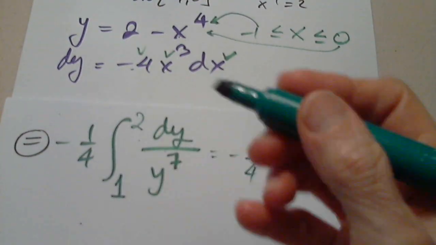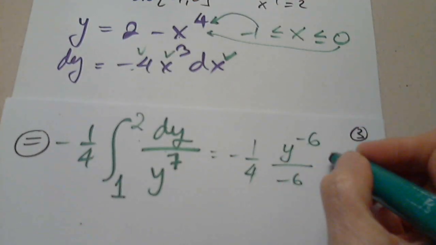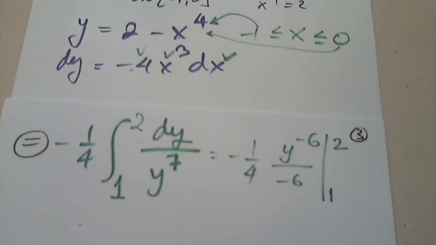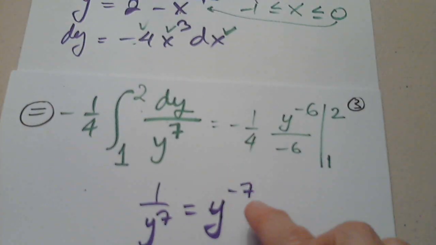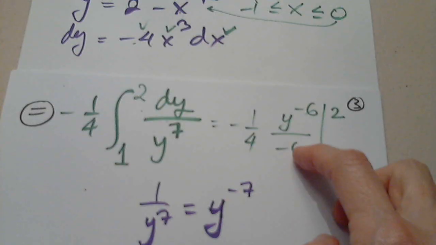I know how to calculate this. -1/4, y to -7, which becomes y to -6 over -6 from 1 to 2. So remember what I did? I replaced 1 over y to the 7th by y to -7. So when I determine the antiderivative, I copy -1/4, I add 1 to the power, and I divide by the resulting number.